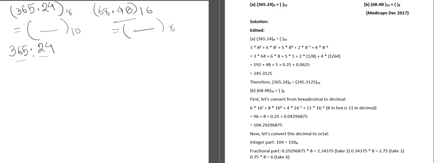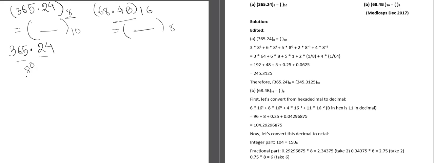So we write the positional weight in this manner. On the left hand side of the decimal point, for the first number, we write the positional weight as a power of 0 of the radix. The radix of an octal number is 8, so the first positional weight will be 8 to the power 0.